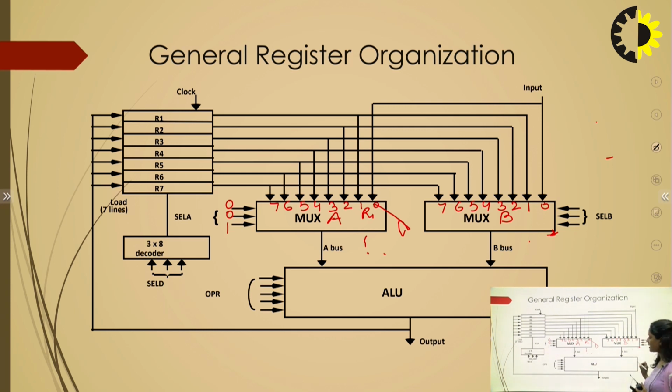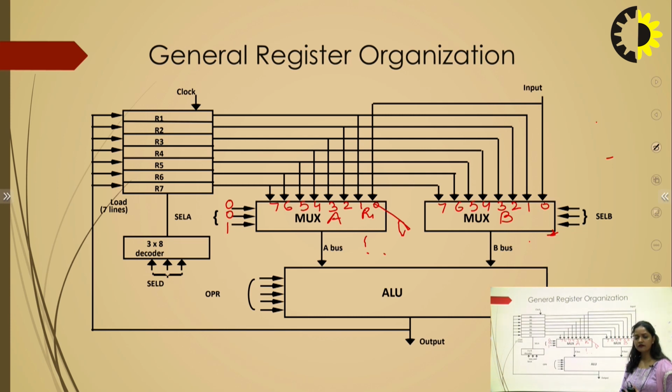Next we have an ALU, that is the arithmetic and logical unit. Now what is the arithmetic and logical unit? It is where we perform arithmetic operations like addition, subtraction, multiplication, division and many other operations. For selecting the particular operation, we have the OPR code bits, that is the operation code bits.